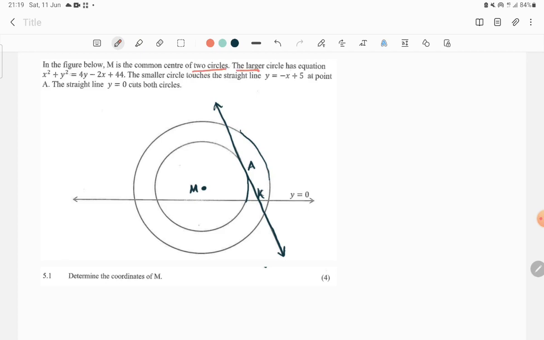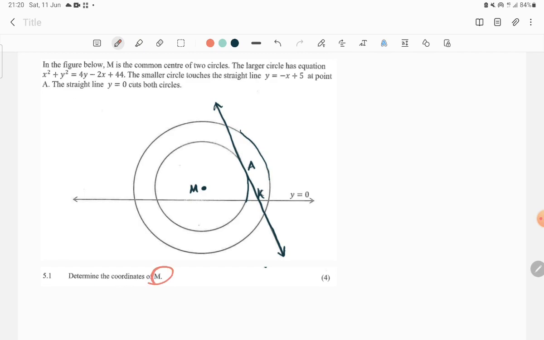The larger circle has the equation given, and the smaller circle touches the straight line at point A. The straight line y is equal to 0 cuts both circles. So this is the information that we have so far. Now, the question is, determine the coordinates of M.